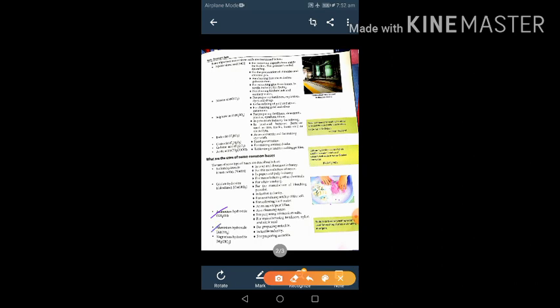Now use of aluminum hydroxide. Aluminum hydroxide we use for preparing antacids and in textile industries. Magnesium hydroxide we use for preparing antacids. Now sodium carbonate.